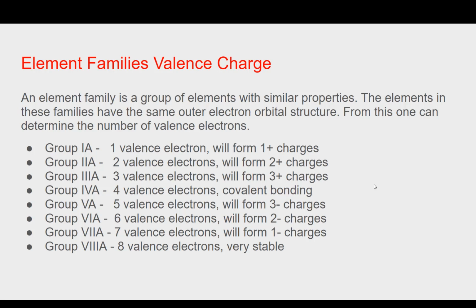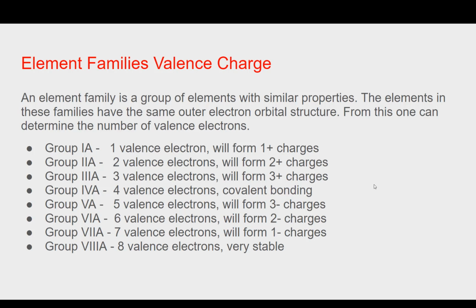Group 3A has 3 valence electrons, and you're going to form a 3+ charge. Group 4A, which has carbon in it, has 4 valence electrons, so you're not going to lose 4 or gain 4, but you're going to share or form covalent bonds.